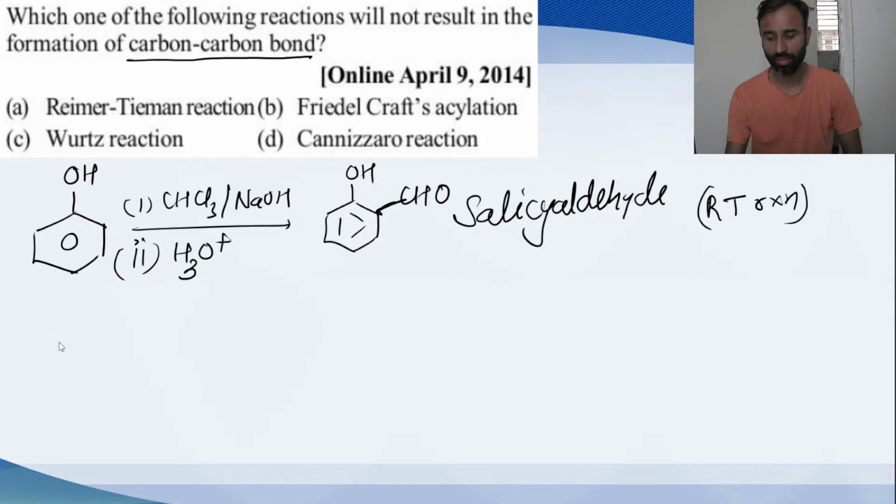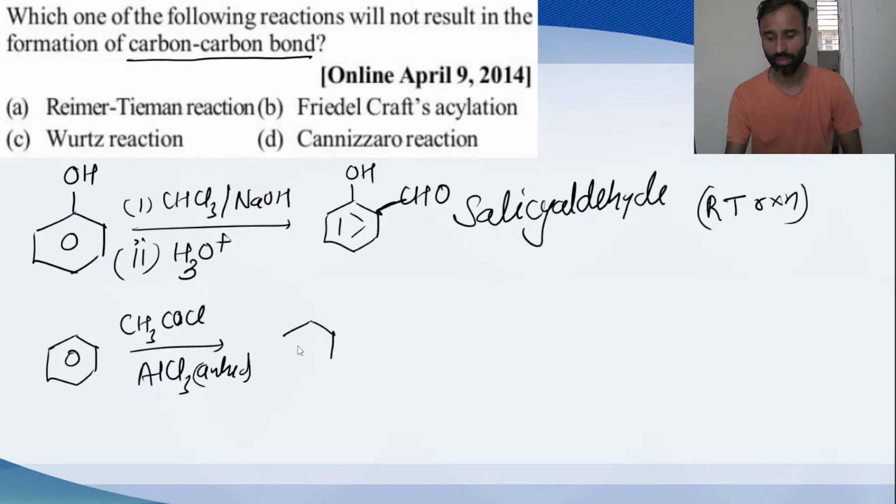Friedel-Crafts acylation: benzene reacts with acetyl chloride in the presence of anhydrous AlCl3 leading to the formation of acetophenone. Again, there is formation of a carbon-carbon bond.